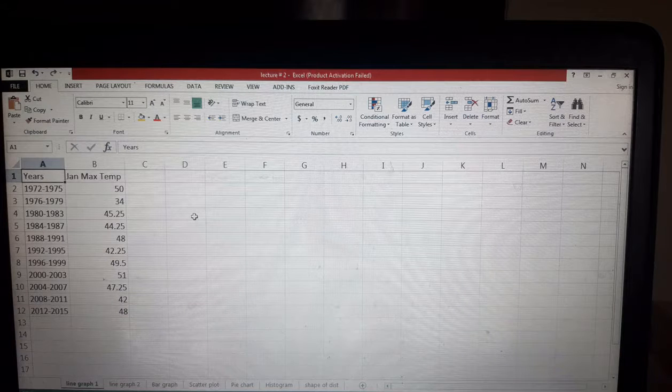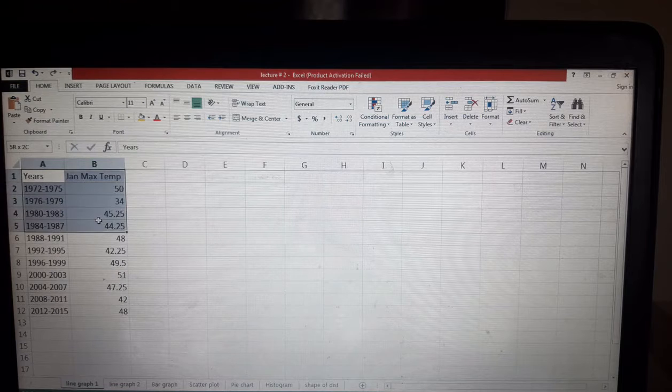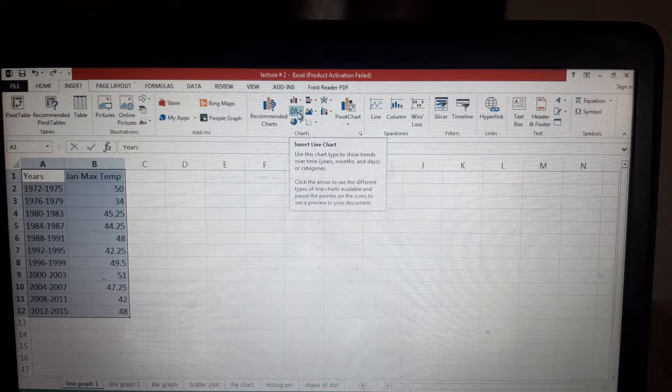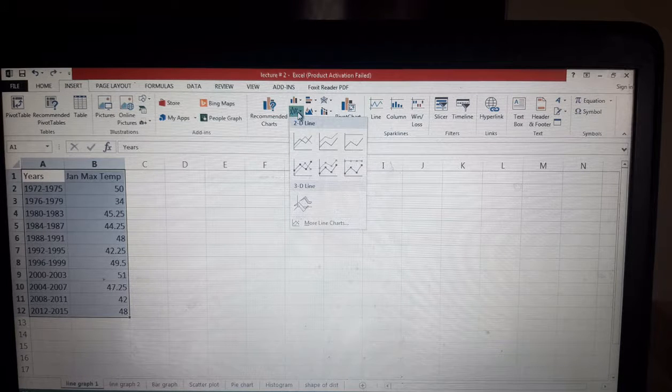This is the data of January maximum temperature from 1972 to 2015, and you can make a graph of this data by selecting these two columns with labels. Click Insert, click Line Chart.